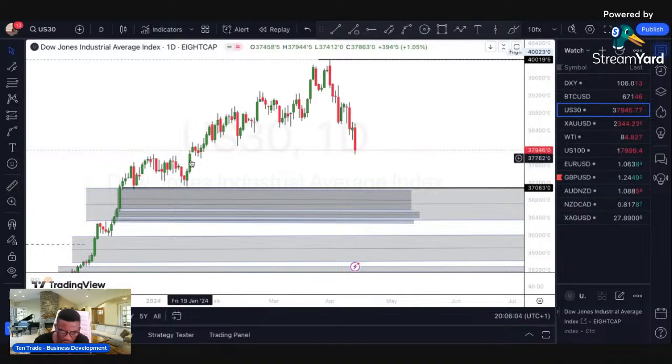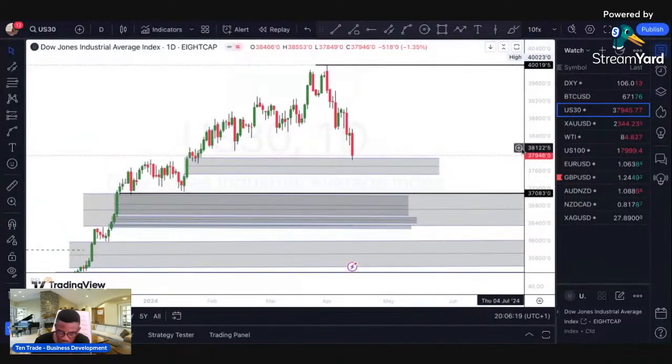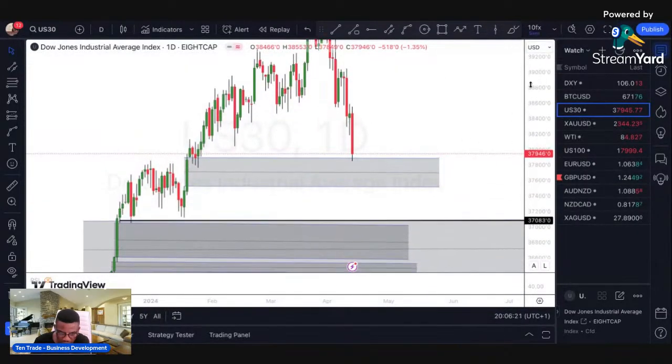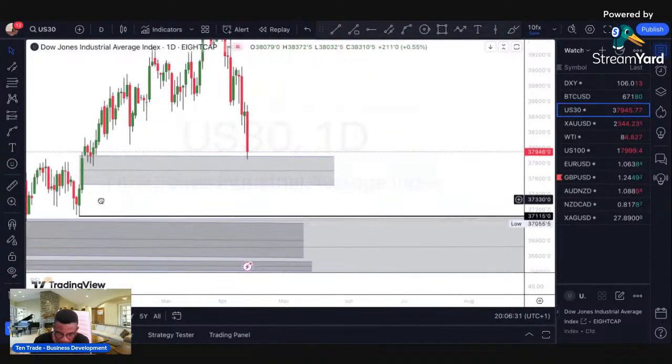There is also, look at this place, the daily. There's an imbalance here on the daily, before we get to this zone, this one. I think this is the one we have to pay more interest to, because looking at this as our daily support, if daily support is broken, then we can go down to all of those weekly imbalances.